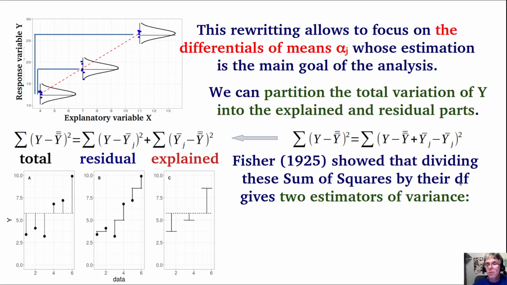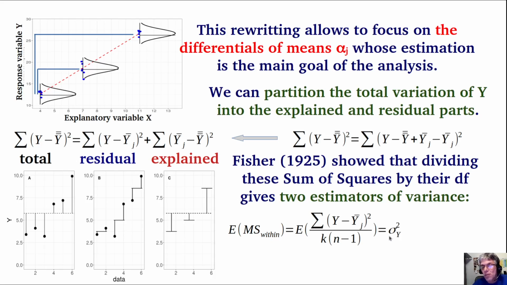by the corresponding degrees of freedom, he obtained 2 estimators of variance, from which he calculated their expected values. So he obtained the expected value of the mean square within. This corresponds to what here was called residual, and this actually corresponds to the population variance of the response variable.